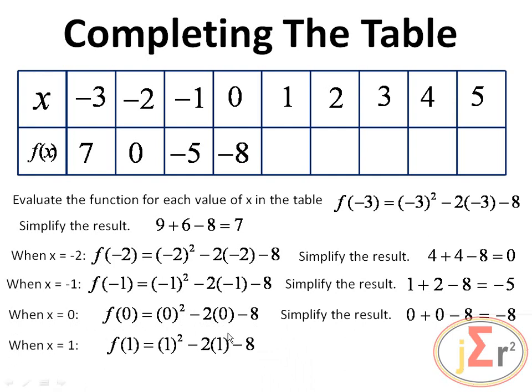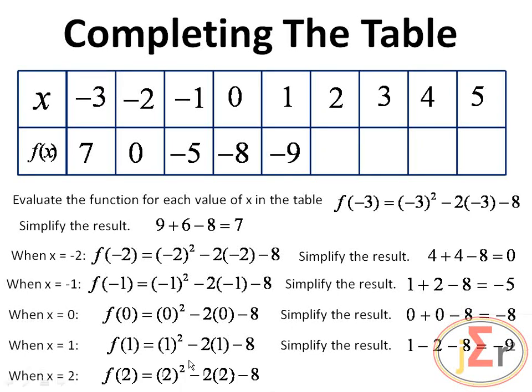And of course, we are going to continue on and on. So f of 1 is equal to 1 squared minus 2 times 1 minus 8, and that goes into the table also. We are continuing until we have every single thing in the table. Go to the next slide, and we are going to complete the table when we get there.